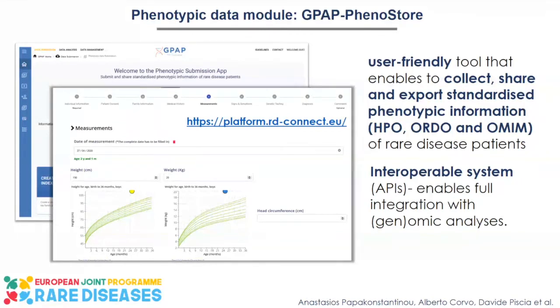We mainly use, as Sergi also mentioned before, HPO for symptoms, although for clinical disorders and OMIM for molecular disorders. And we have built the system in a way that it's interoperable. We have APIs that enable integration with, on one side, the genomic analysis in the GPAP, but it can also be integrated with other systems to ensure that the data doesn't get siloed in any place.